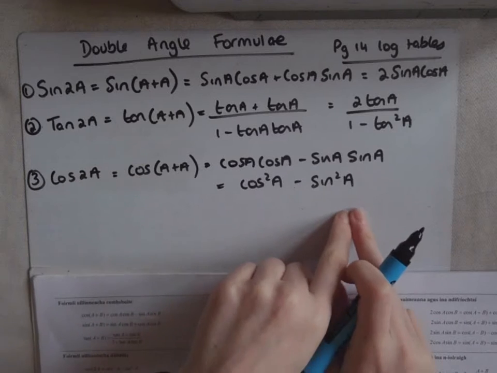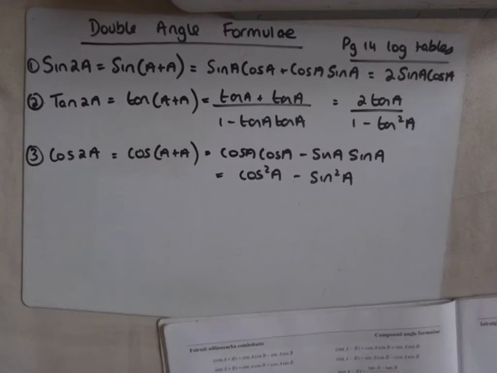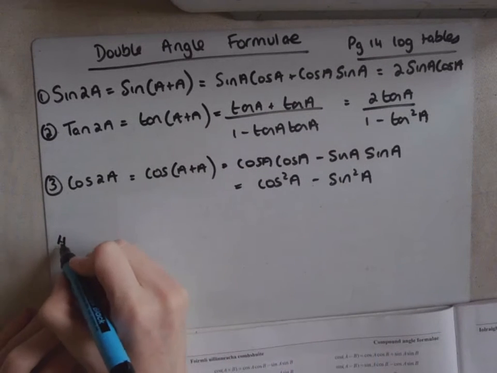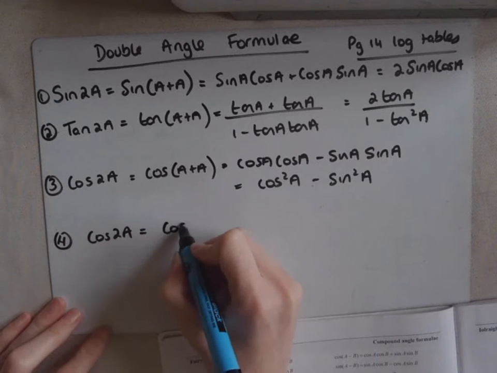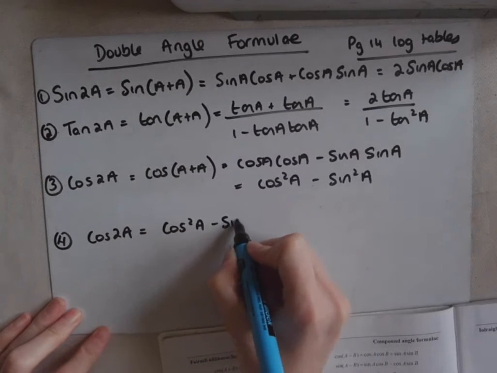So cos of 2A is cos squared A minus sine squared A.